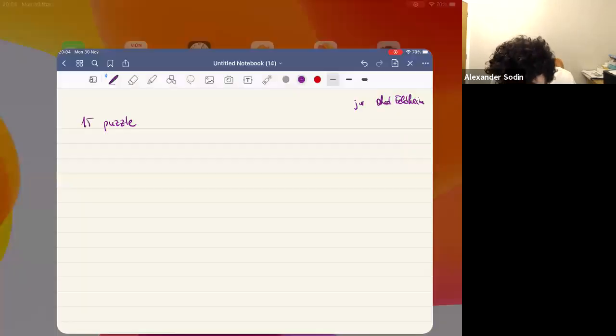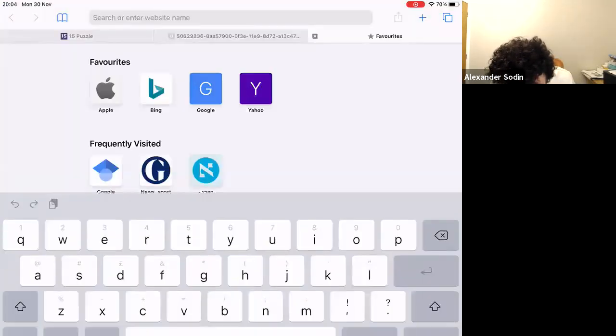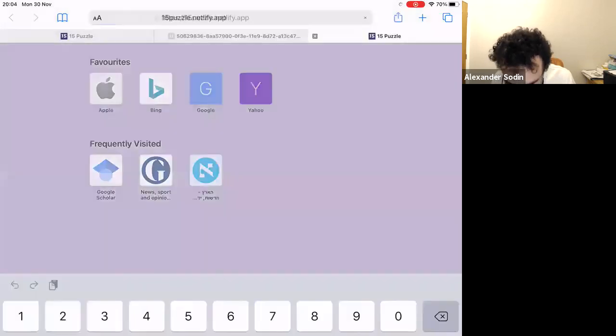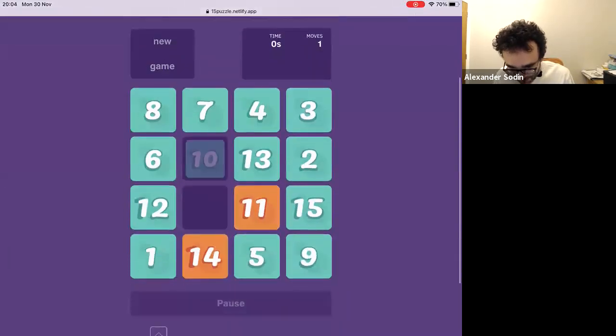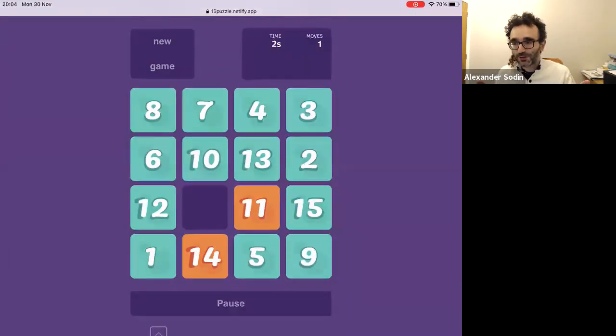I believe all of you know what the 15 puzzle is, but let me just make sure that we're on the same page. So does everyone know what this is? It's a 4x4 square. The small squares are labeled with numbers from 1 to 15. One of the squares is empty.